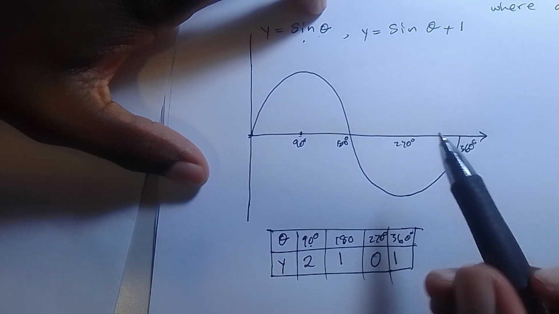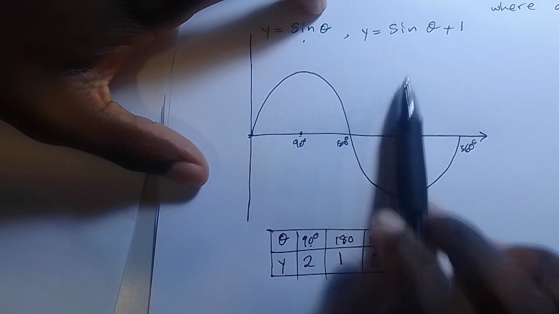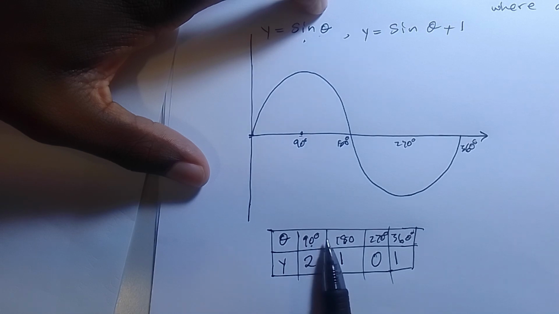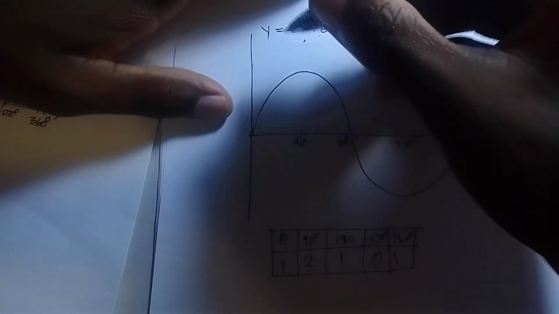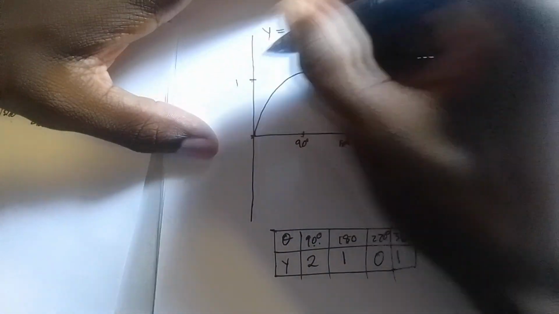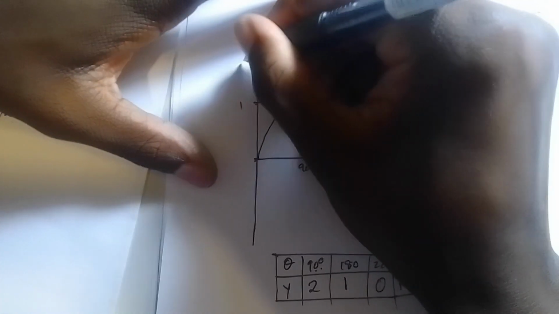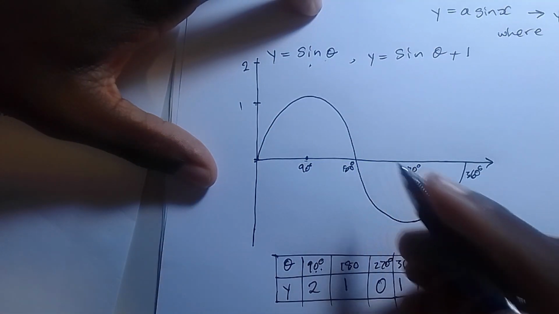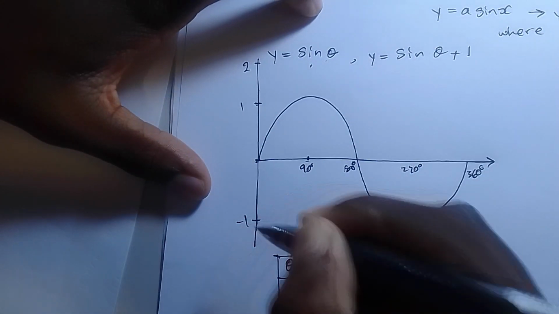So the first way you can use is substituting and then plotting according to your substitution. So when you plot, let's say this is 1 and this is 2 and this is -1.